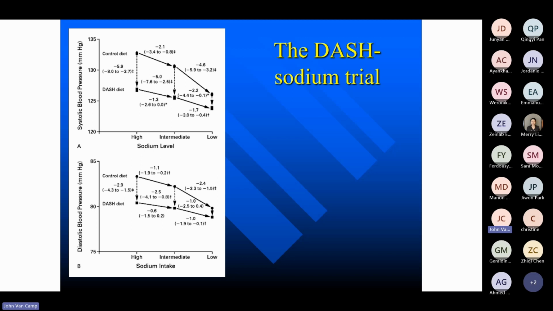And the low intake is the intake which is below 2 grams per day. In principle, that is not necessary, but they also studied this in this trial. On the y-axis, the top figure shows the systolic blood pressure, so the upper blood pressure, and the lower figure gives you the diastolic blood pressure, the lower pressure.